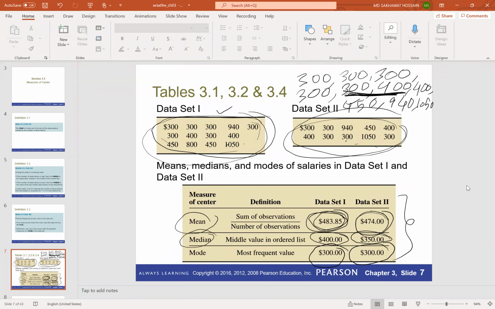When someone asks about the class average for any exam, that means that person wants to know how the class is performing. So that's why we need to know the center of the data set, because we want to get an idea about the data set.